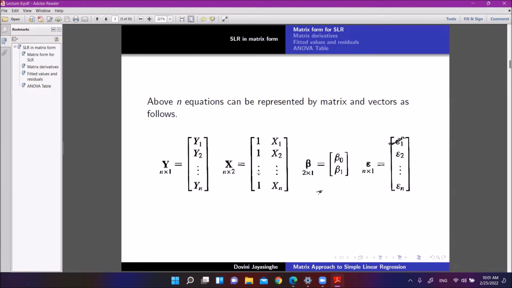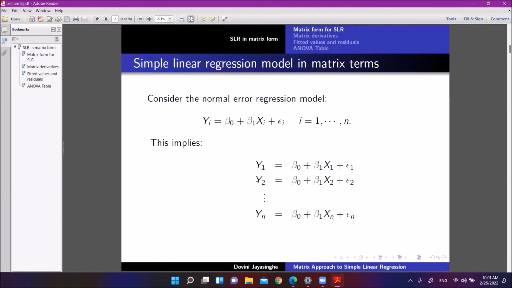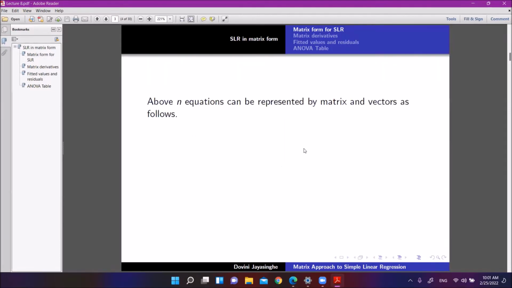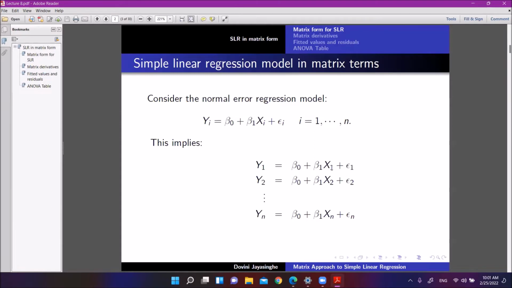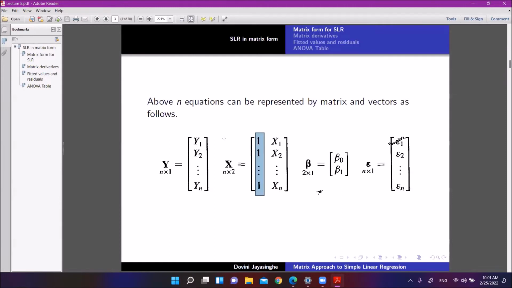X is an n by 2 matrix. The first column should be 1s, because when you multiply, it should give x1 times beta 1, x2 times beta 2, likewise. You call this the data matrix or the design matrix. These ones are there just to get the model.